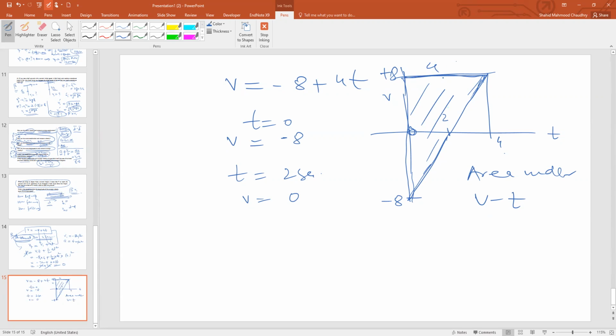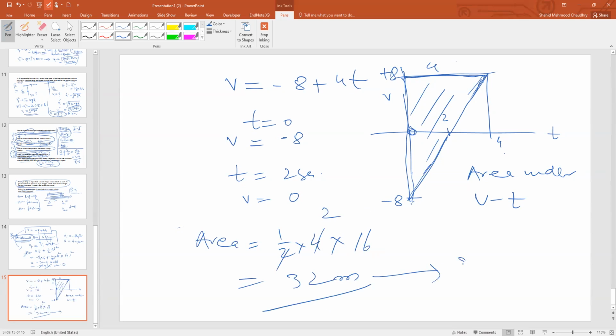If you want to find the area of the triangle, how can you find it? Area will be 1/2 into base. Base is 4 into height. Height here is 16. So the answer is 32 meter.